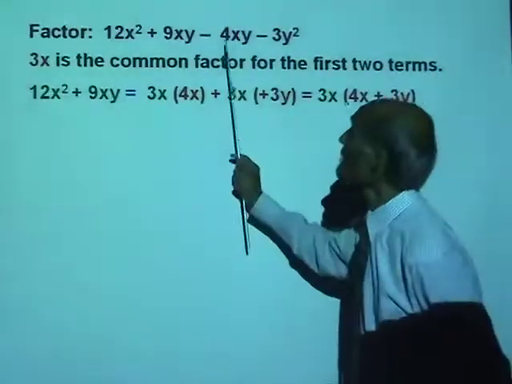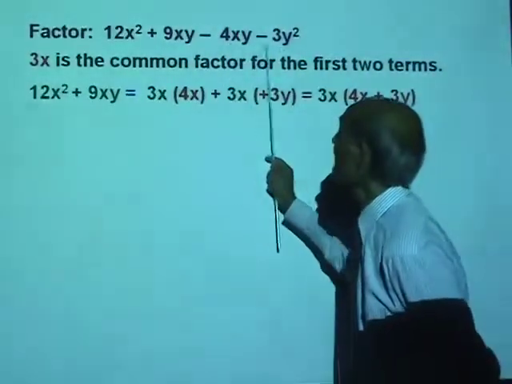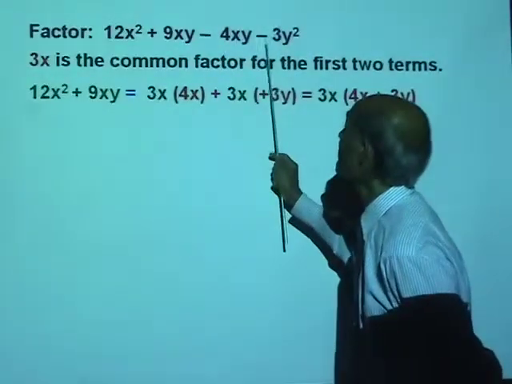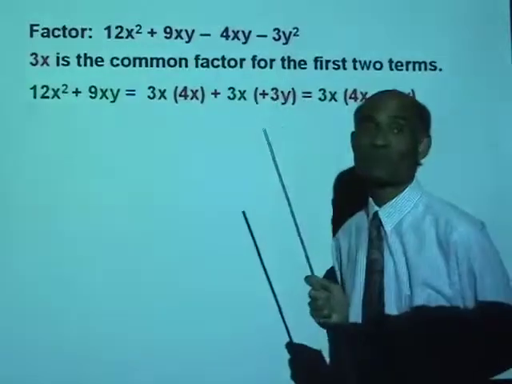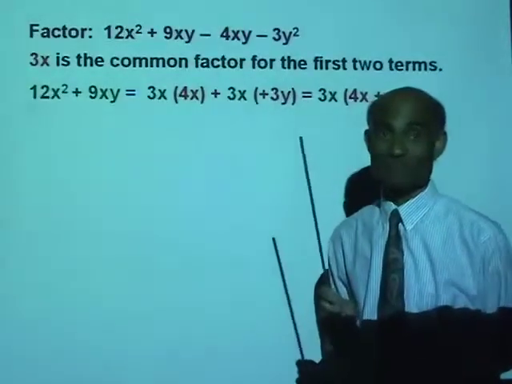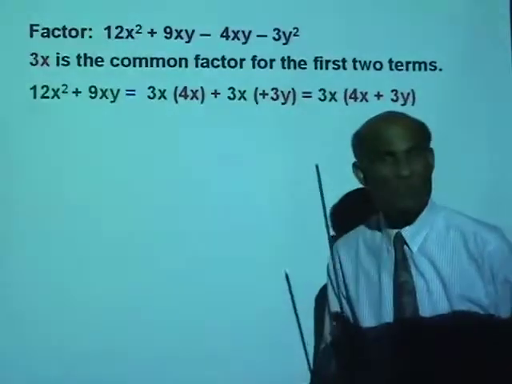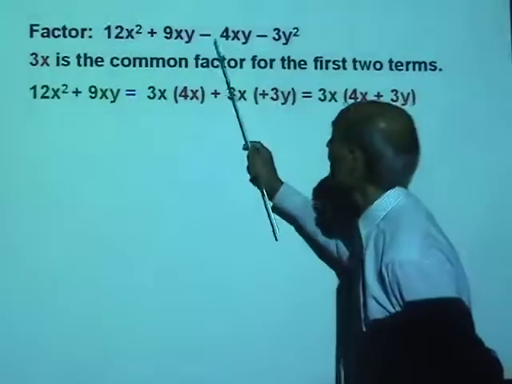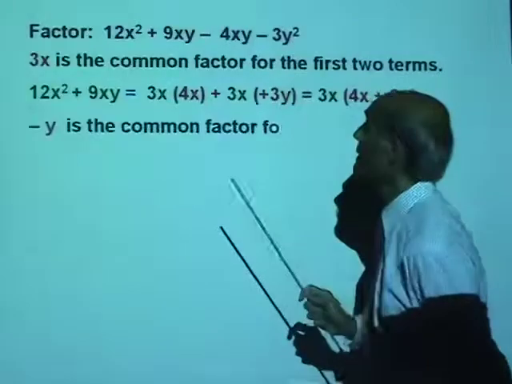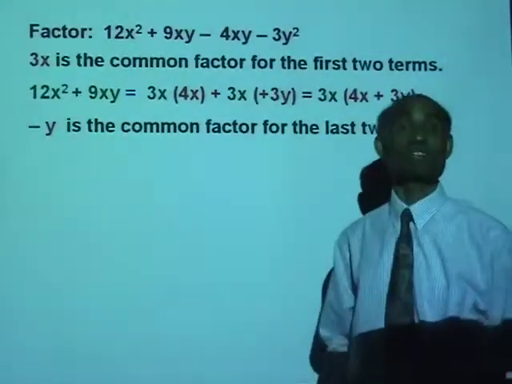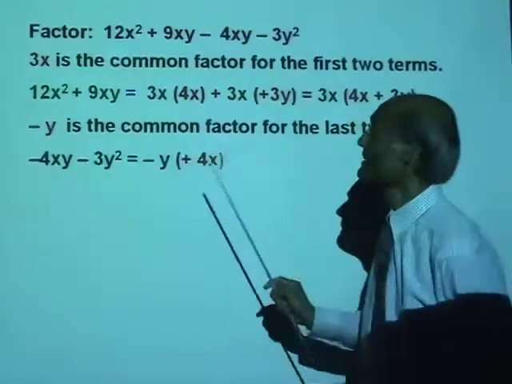What is the common factor we can take out in the last two terms? Minus 4xy minus 3y squared. Well, that will be a negative y. Is that right? A negative y. Negative y is the common factor for the last two terms.